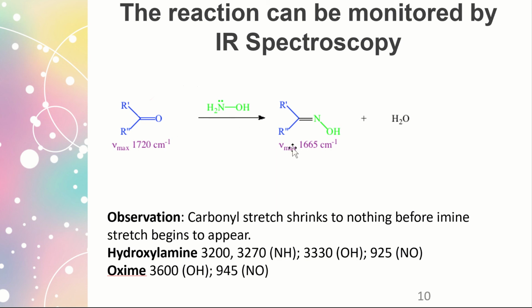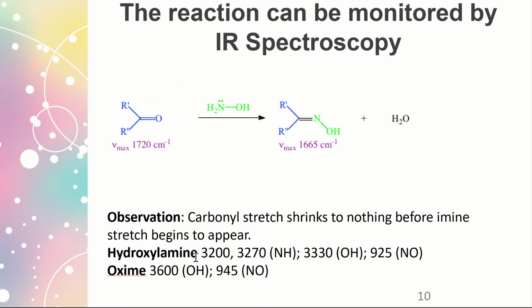And so if we're monitoring this reaction with IR spectroscopy, we will see a disappearance of the carbonyl stretch, and then the appearance of our imine stretch. So this is what we will observe: the carbonyl stretch shrinks to nothing before the imine stretch begins to appear.